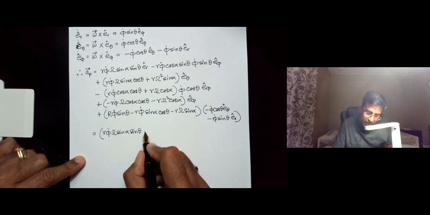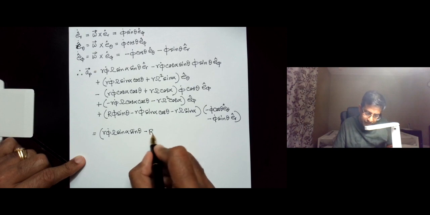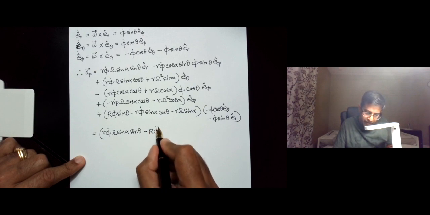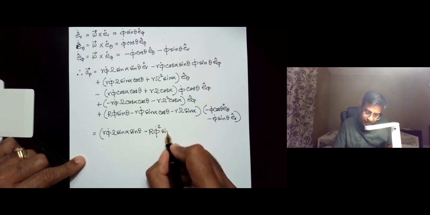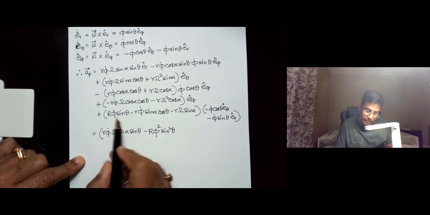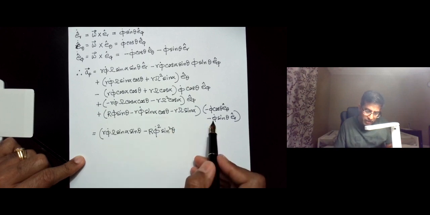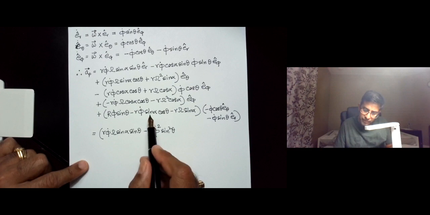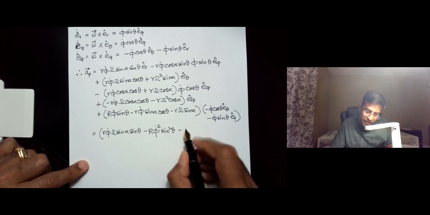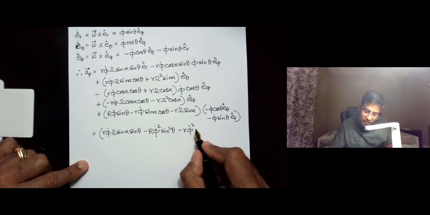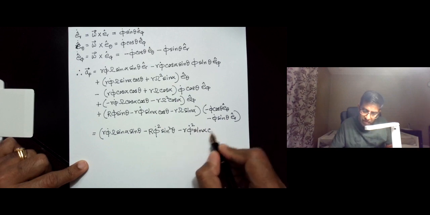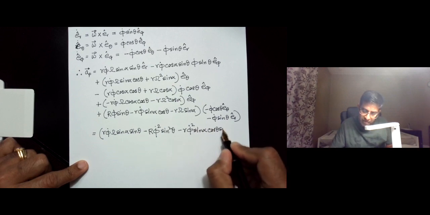So we have r phi dot squared sine squared theta minus small r phi dot squared sine alpha cosine theta sine theta.